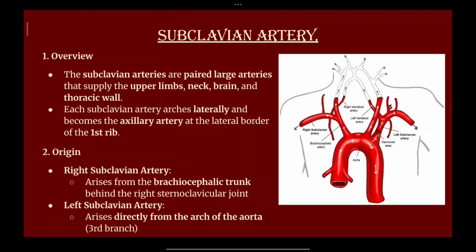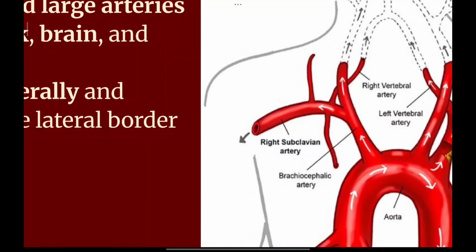Now from where is the subclavian artery arising? The right subclavian artery is a branch of the brachiocephalic artery. You can see here the first branch of the arch of aorta, which is the brachiocephalic artery. The brachiocephalic artery is dividing into the right subclavian artery and the right common carotid artery.